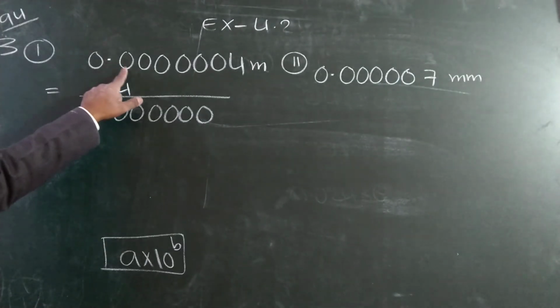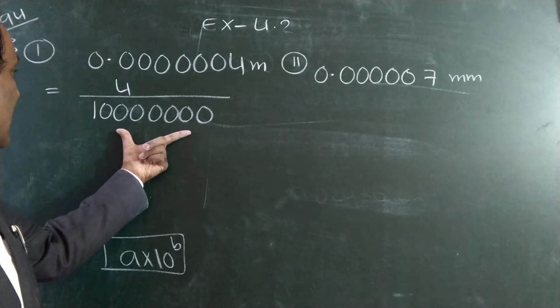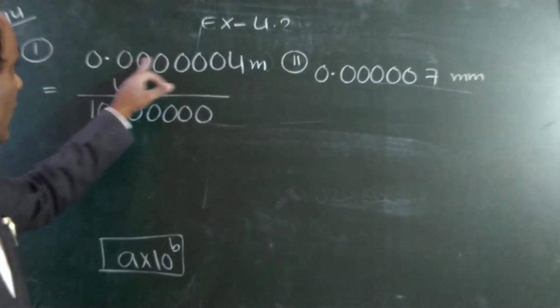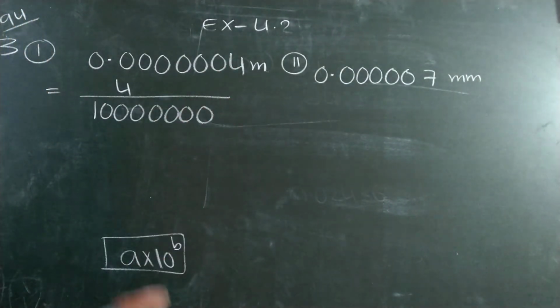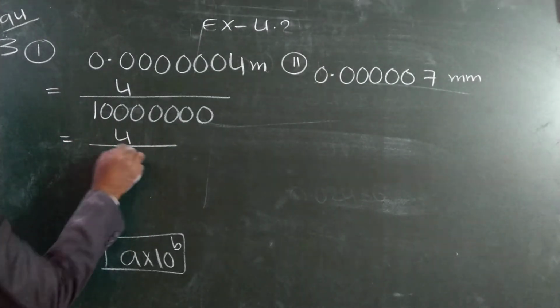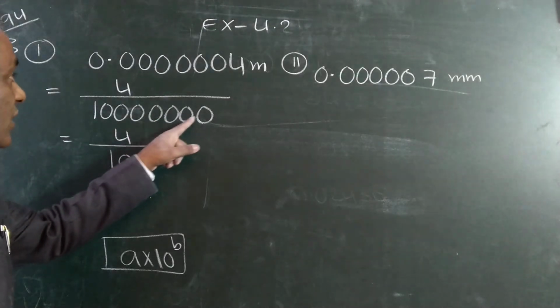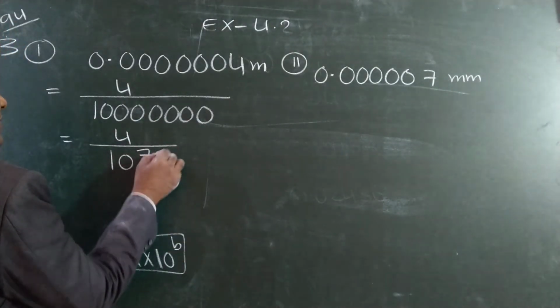After the decimal, 7 digits, so 7 zeros. 10 to the power of how much? 10 power 7.